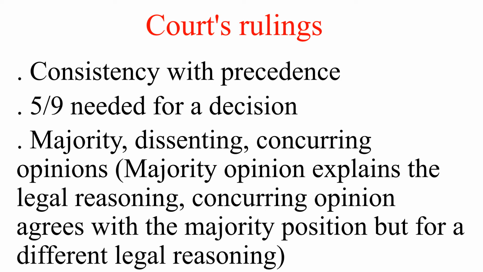A concurring opinion is the opinion of those justices that explains the legal reasoning of why they agree with the majority's position, but for a different reason. So they explain why they agree with the majority opinion, and this is called concurring.